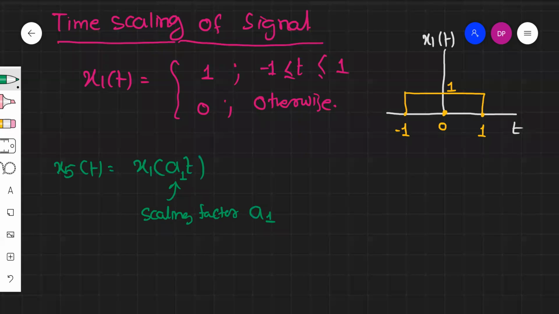So either a1 can be less than 1 or greater than 1. We will take up both the examples.